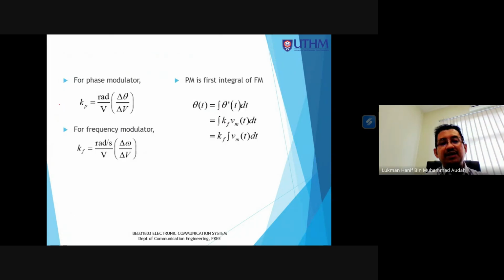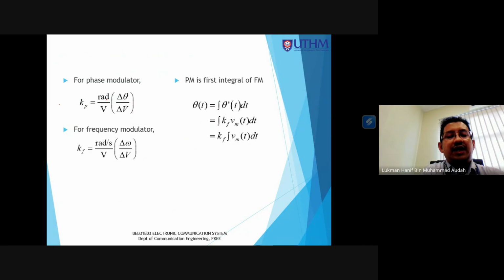So what is Kp? Kp is a parameter that defines the phase difference divided by the voltage difference of the carrier. The unit for Kp is radian per volt.